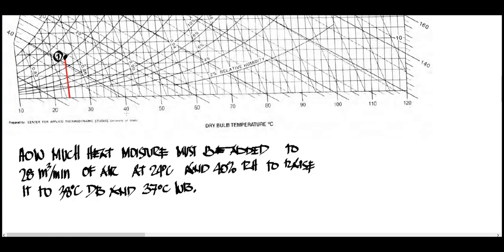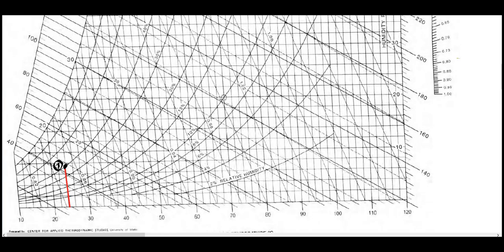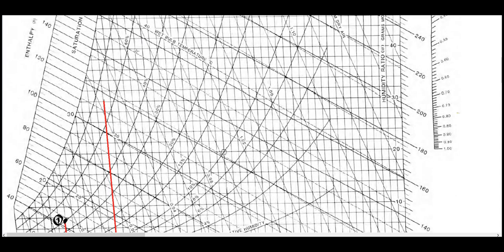Then the next we have to plot is 38 degrees dry bulb. So 38 degrees, this one. Okay, this is 38. So 38 to 37 dry bulb. So this is already wet bulb 40.